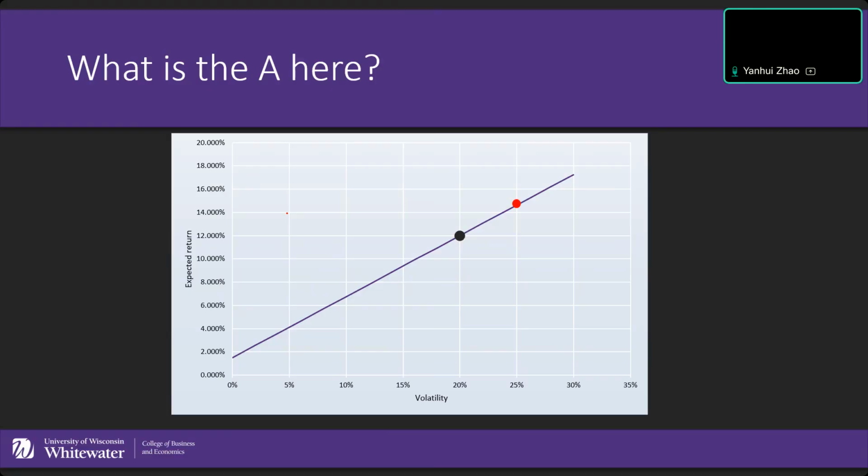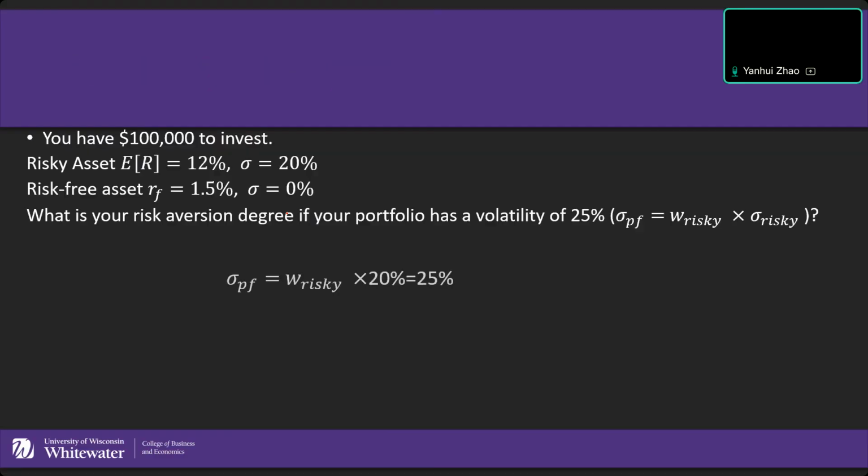In our problem, what is sigma 1? The risky assets' standard deviation. Do you still remember? Yes, it's 20%. So the weight of risky assets for this very risk-seeking investor times 20% equals 25%. Can you solve the weight for the risky assets?